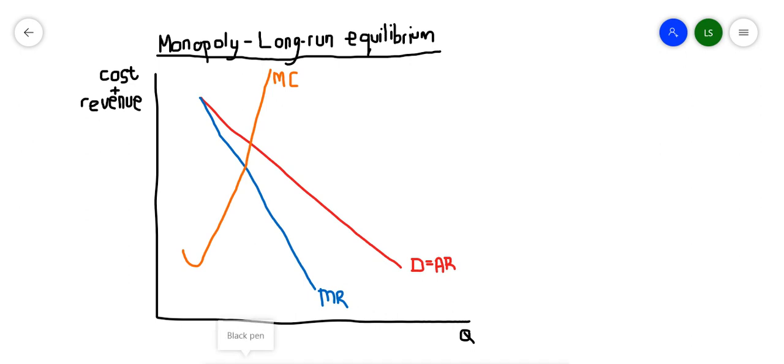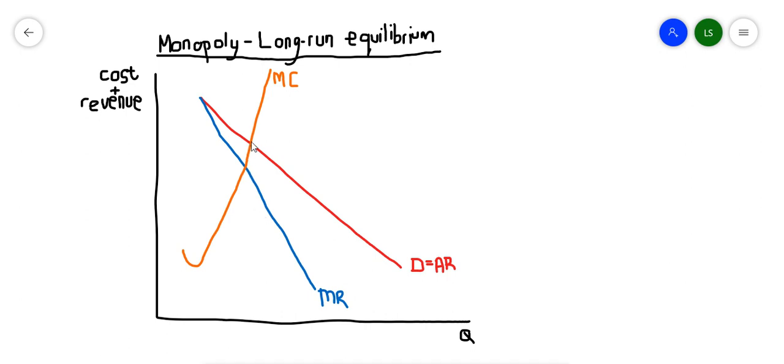Now, when we find the profit maximization point, this in the monopoly is very important, especially if you have not been in class. You need to listen to me very carefully now. The profit maximization rule stays the same. Profits are maximized where marginal cost and marginal revenue are equal.